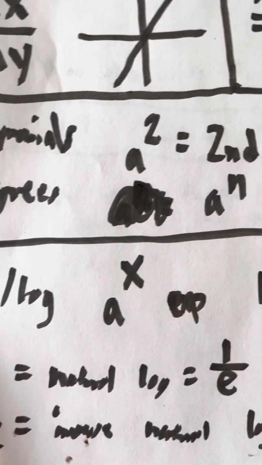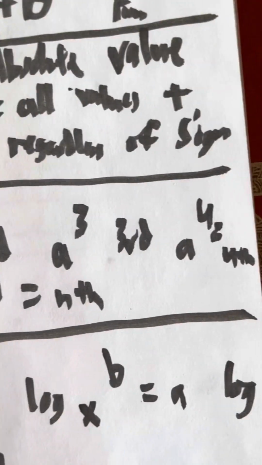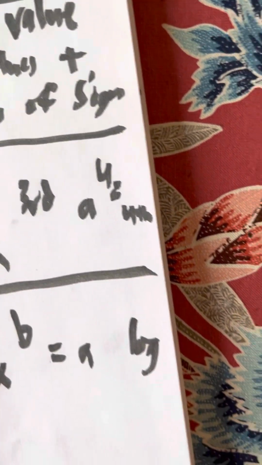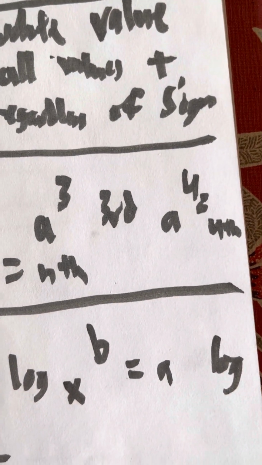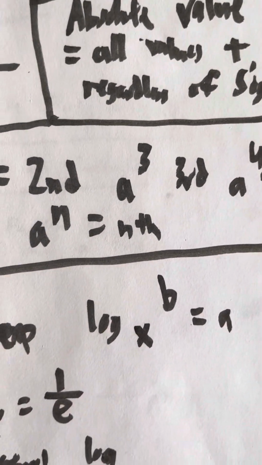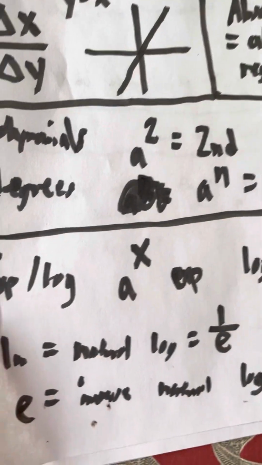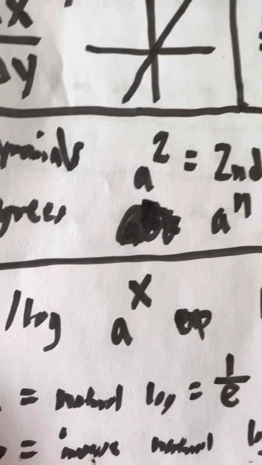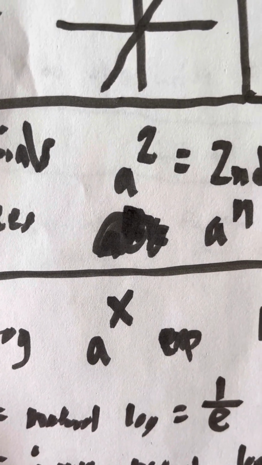Exponents and logarithms. A to the x is an exponent. Logarithm: x to the b equals a is a log. So you can raise a number to a certain power.